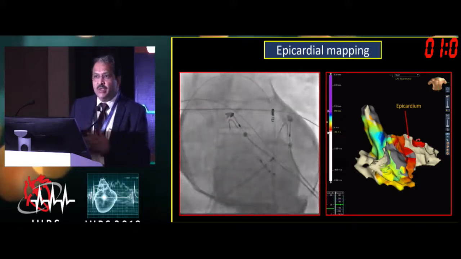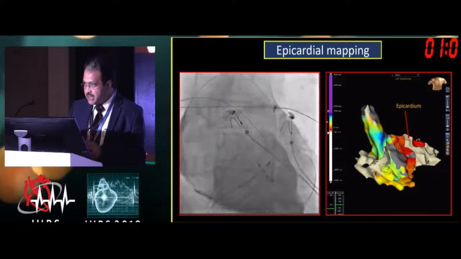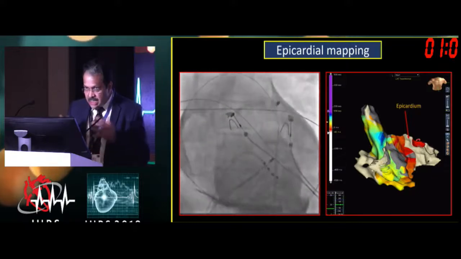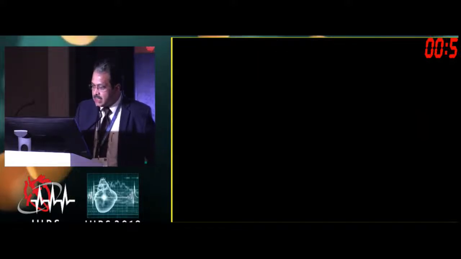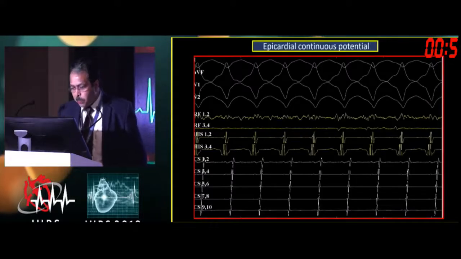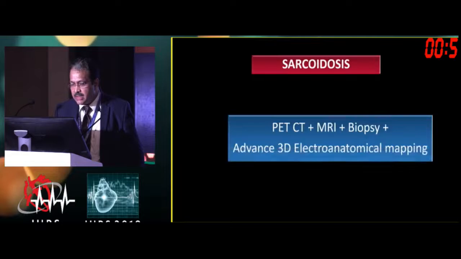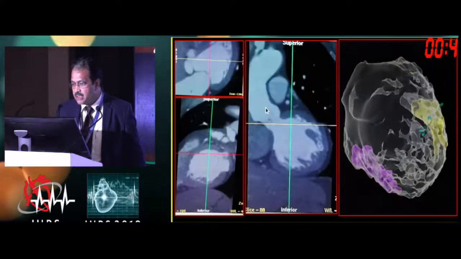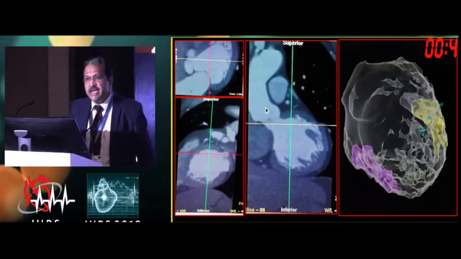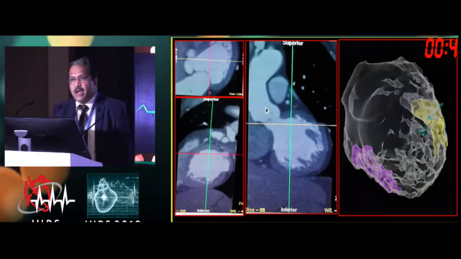Without the PET CT scan and the MRI scan, and then the integration, we would not have been able to do the case. So these are the epicardial signals.